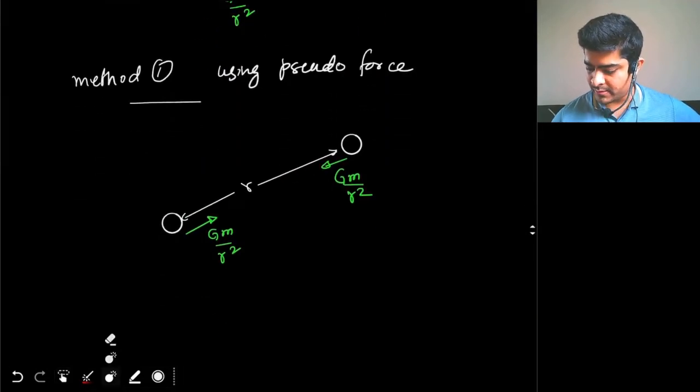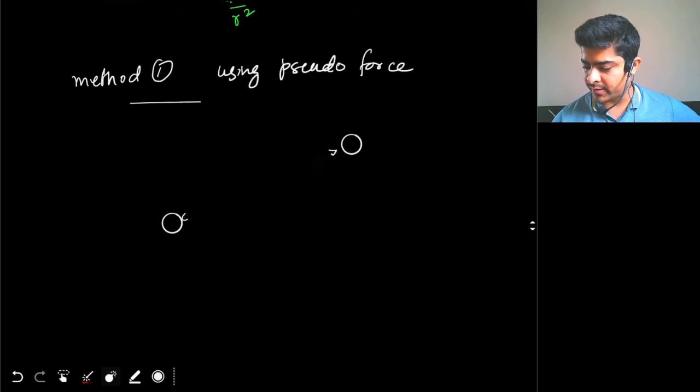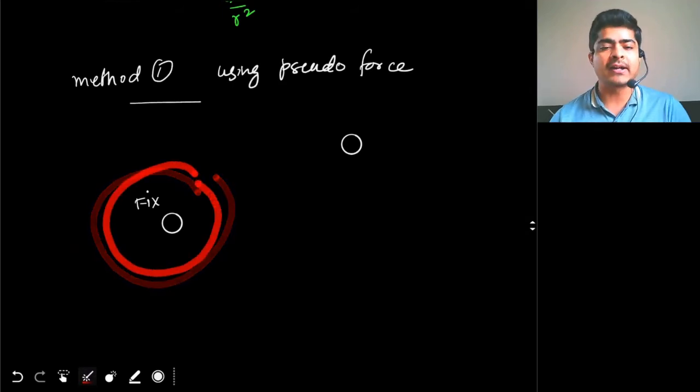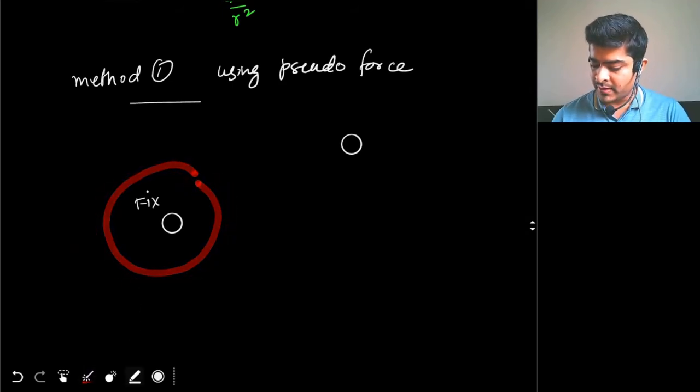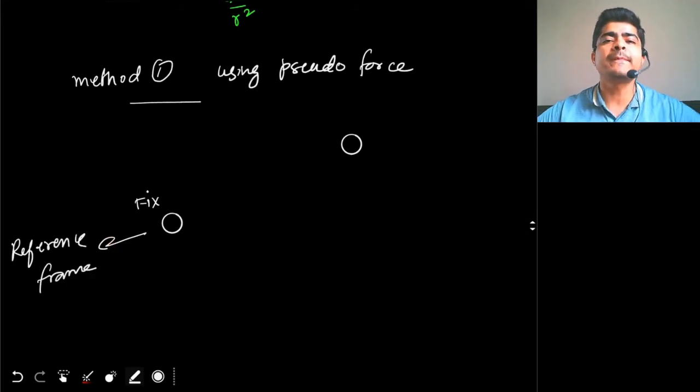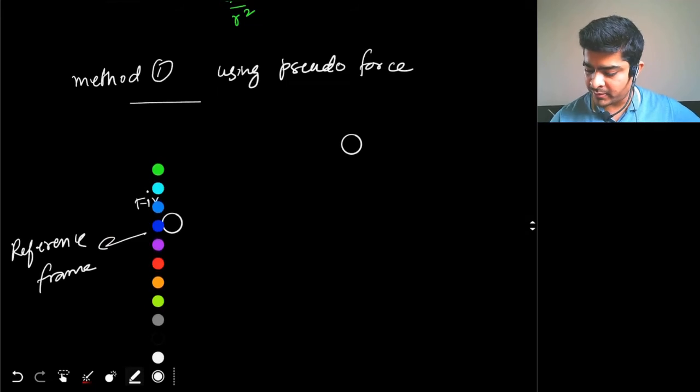So this is our acceleration. Forget the masses. Let's fix this one. We are looking at the reference frame of this particular mass. So this is my reference frame, and it will be fixed now. In this reference frame there are two forces acting on the second body.